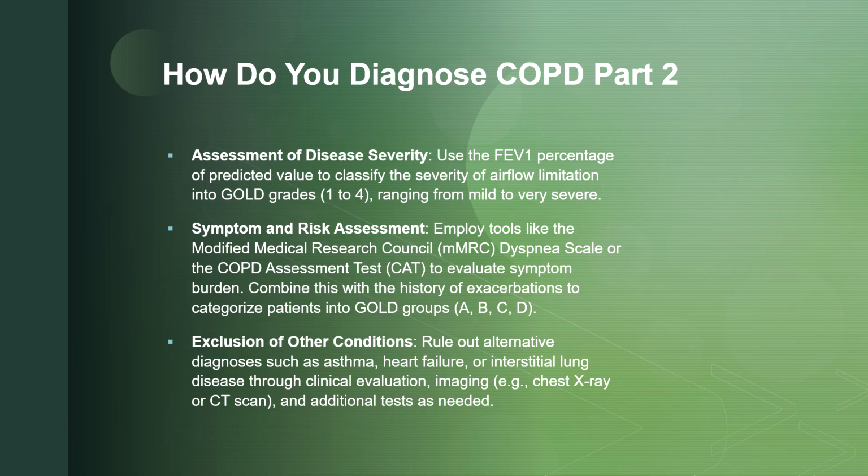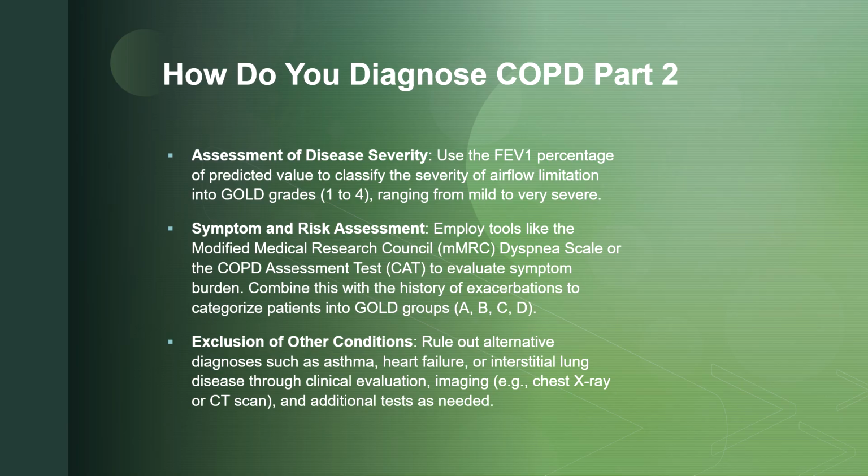Once COPD is confirmed, they want to classify the severity of airflow limitation using FEV1 percentage of predicted value. So the idea is they can determine whether you have gold level 1 or gold level 2 or gold level 3 or gold level 4 based upon your FEV1 value.